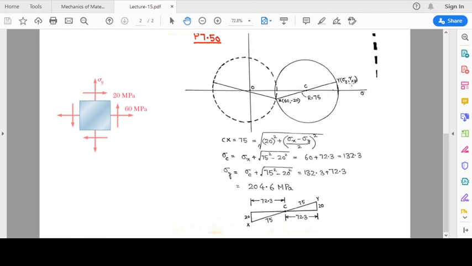So this gives us the largest value of sigma y for which the shear stress is not going to exceed 75 megapascals. You can see how simple the solution becomes when we use the Mohr circle. We can find anything from the Mohr circle.